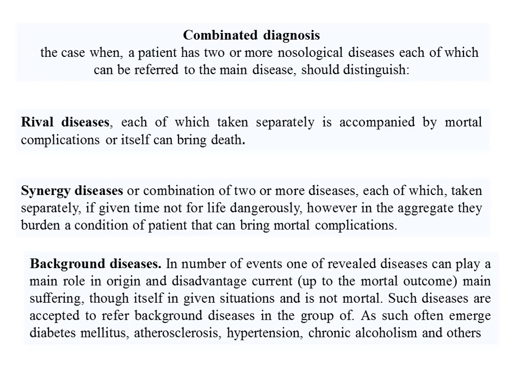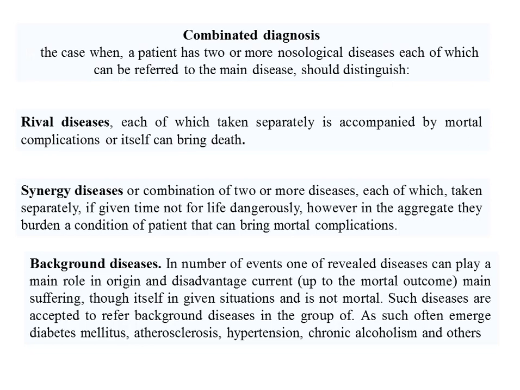Background disease. In a number of events, one of the revealed diseases can play a main role in the unfavorable course, up to the mortal outcome, while being itself not mortal in the given situation. Such diseases are referred to as background diseases. As such, often emerge diabetes mellitus, atherosclerosis, hypertensive disease, and chronic alcohol consumption.